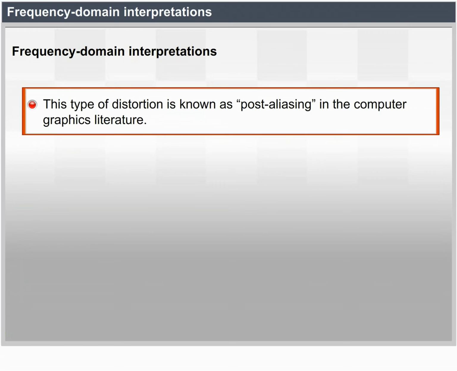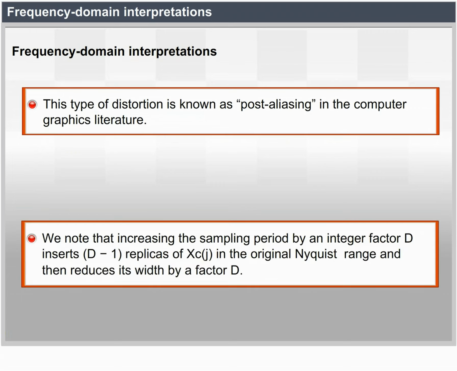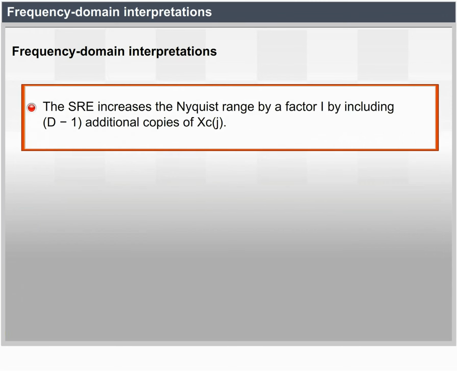We note that increasing the sampling period by an integer factor D inserts D-1 replicas of X_c(jΩ) in the original Nyquist range and then reduces its width by a factor D. The SRE increases the Nyquist range by a factor I by including I-1 additional copies of X_c(jΩ).